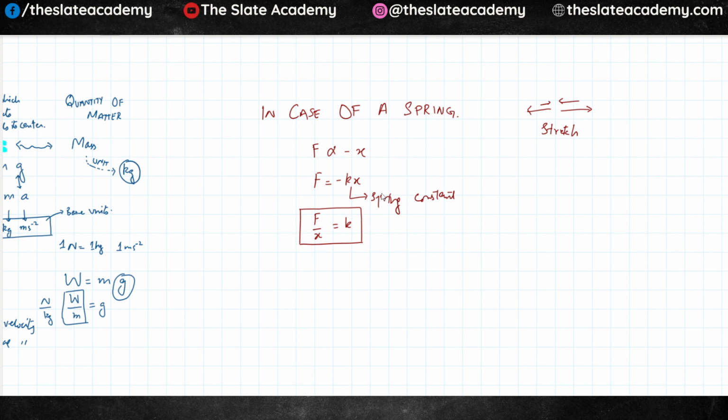As long as the spring is made of the same material, it is going to have the same spring constant. And the unit for spring constant would be Newton per meter, written this way or this way.